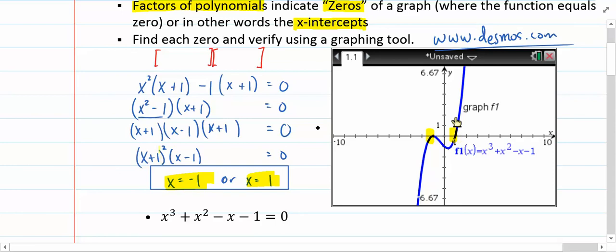Something that's interesting that occurs is that this 0 at -1 occurred because this binomial right here, this -1 plus 1 would have equaled 0. And you'll notice that it had an exponent of 2 surrounding it after we simplified it. That exponent of 2 is what made this graph appear to approach the 0, touch that 0, and then turn away.